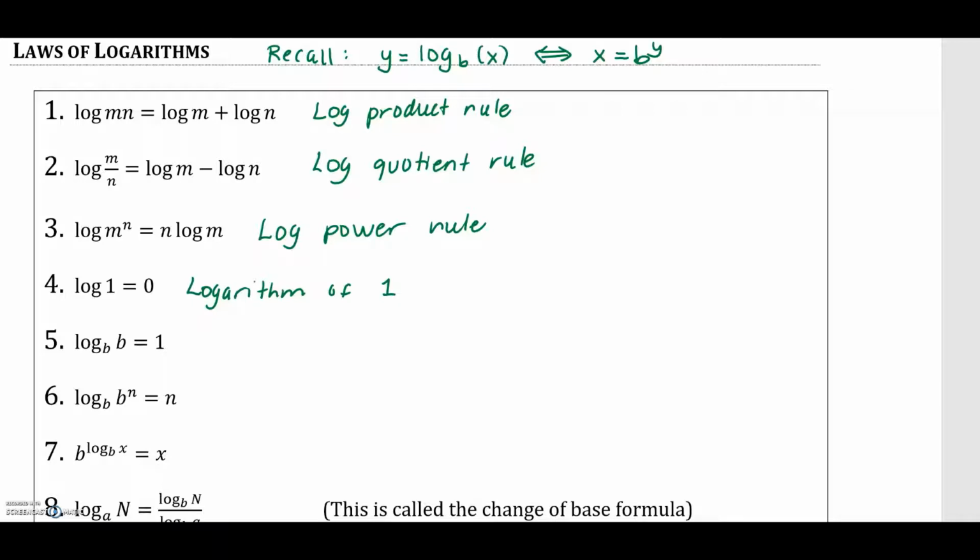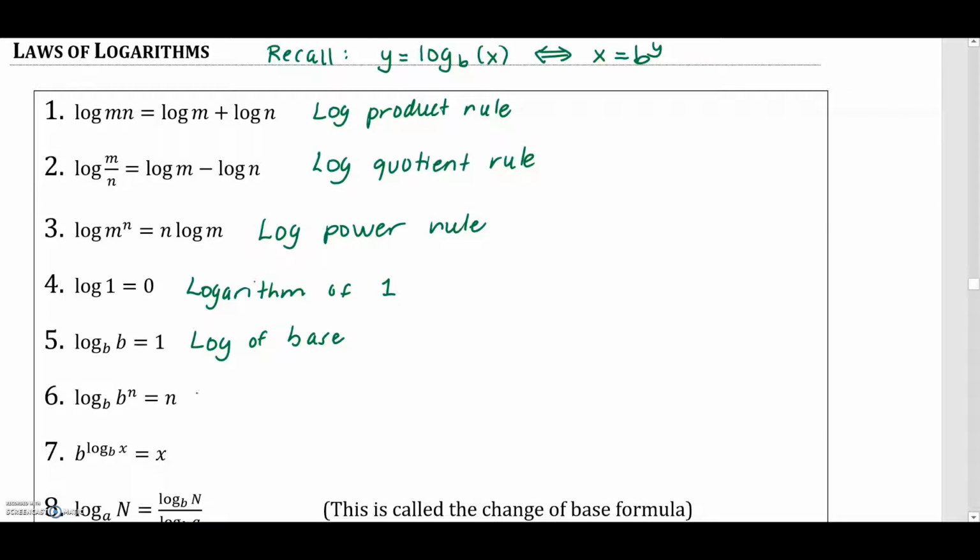Log of 1 is equal to 0, and this relates to anything to the power of 0 is equal to 1. If we take log of base b of b, that is also equal to 1. And log of base b of b to the power of n is equal to n.